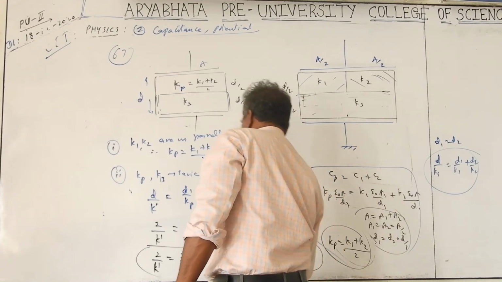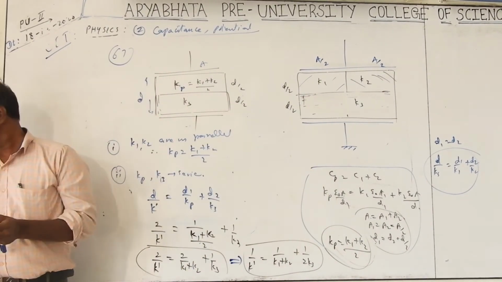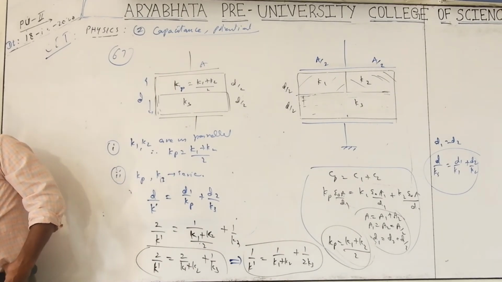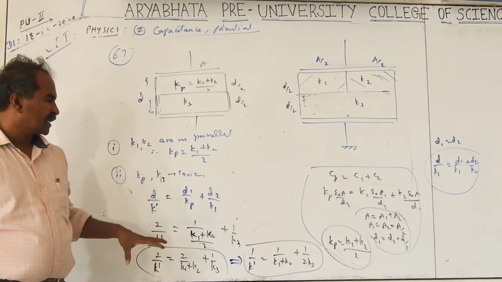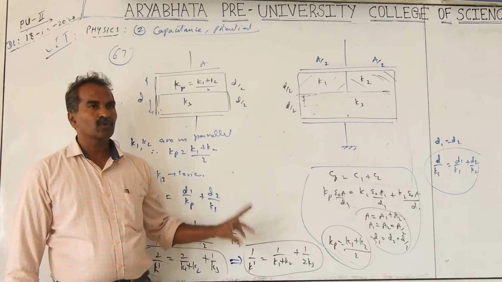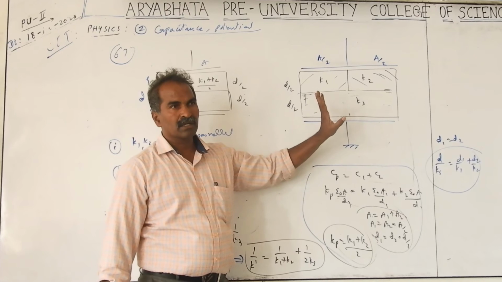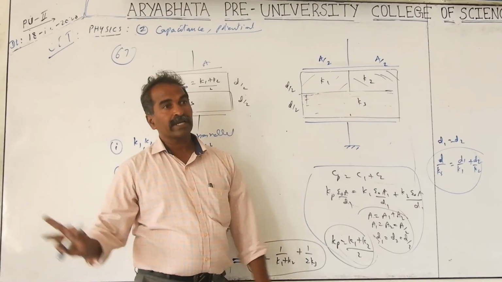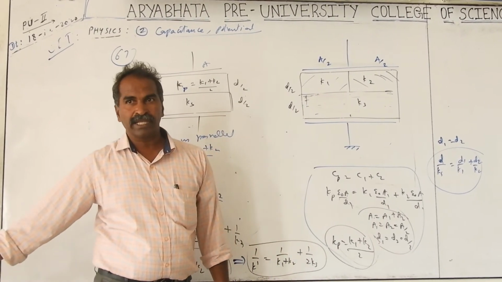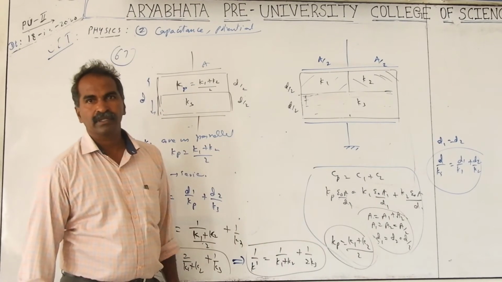This is the answer. That's the point. Here in this case, this is the method. I told you 2 methods. One is cutting this K3 into 2 parts, but don't do that. If you cut that, you will get other options. That option is also there, but don't do that. Follow this method.